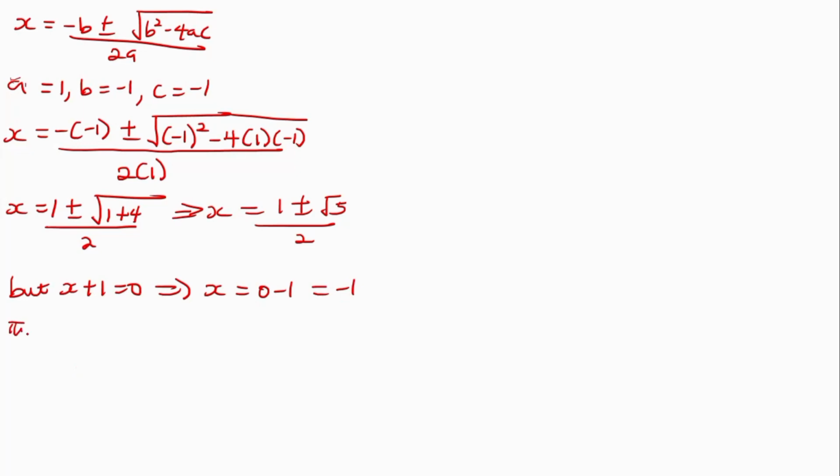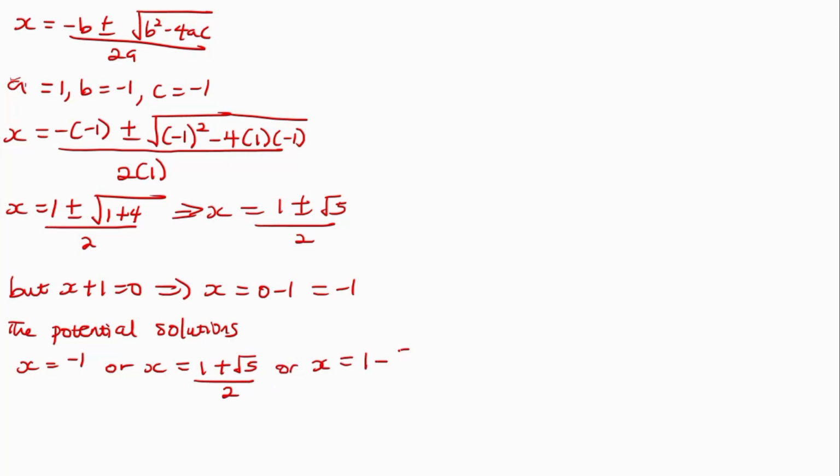So the potential solutions for x are x equal to negative 1, or x equal to 1 plus the root of 5 over 2, or x equal to 1 minus the root of 5 over 2. And guys, these become the potential solutions for this particular question.